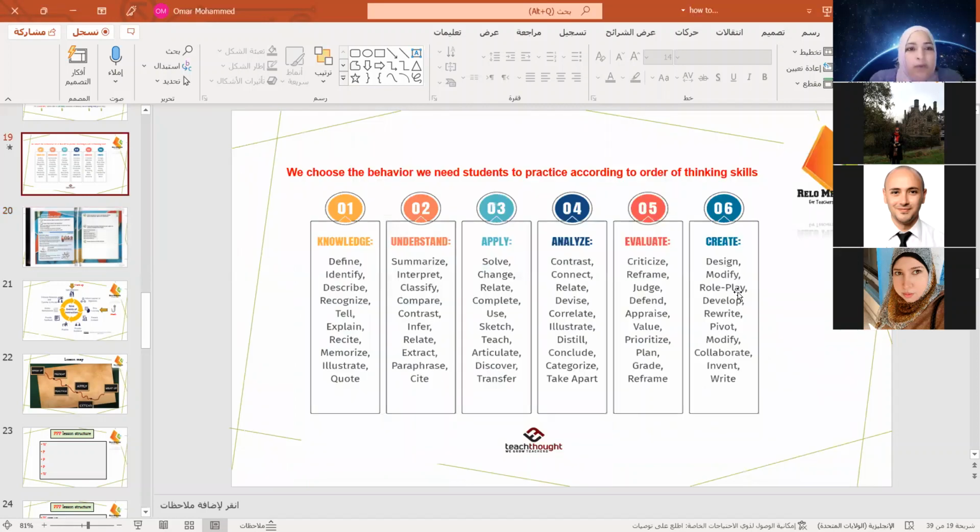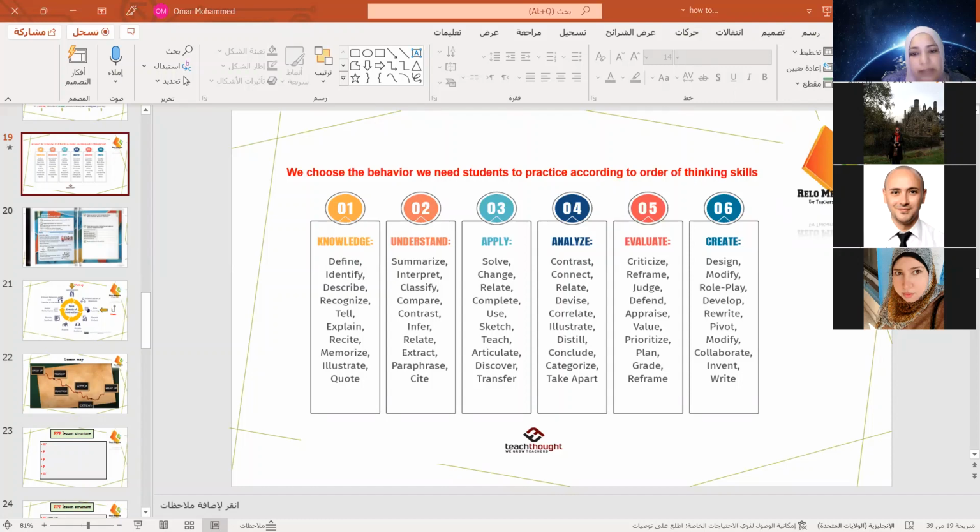Notice that when we use verbs, we use verbs that can be measured. Talk about life in Egypt during Eid al-Fitr. Use new vocabulary and text accurately. Thank you, Ms. Salwa. Verbs that can be measured, like the ones in this table, are related to Bloom's taxonomy, and they are graded according to the levels of thinking.